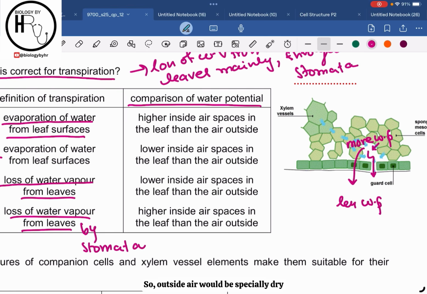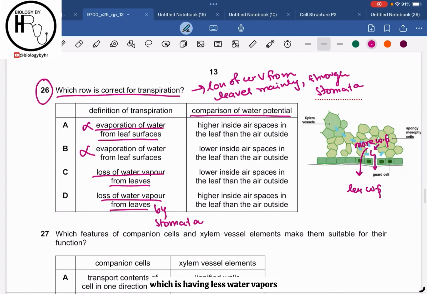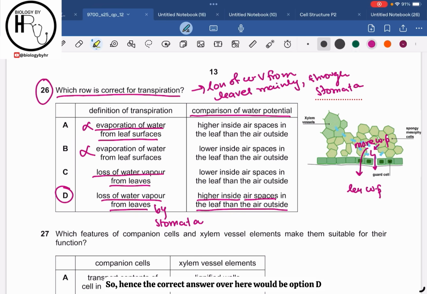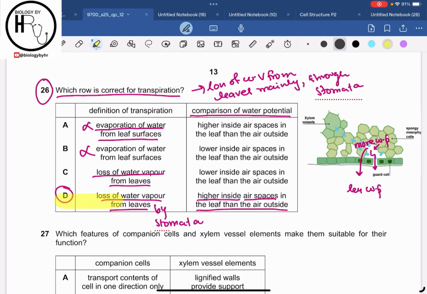So outside air would be especially dry, or low water potential air, which has fewer water vapors. So the water potential is higher inside the air spaces in the leaf than the air outside. So hence the correct answer over here would be option D.